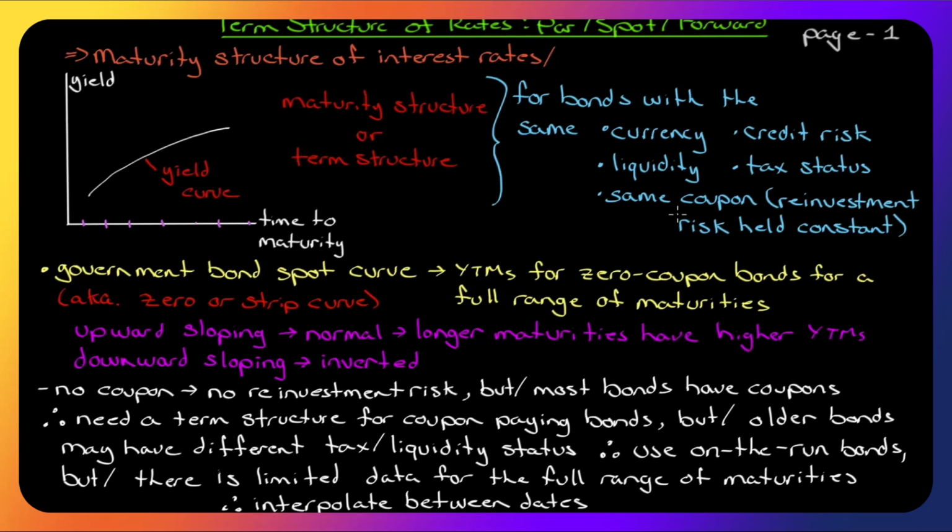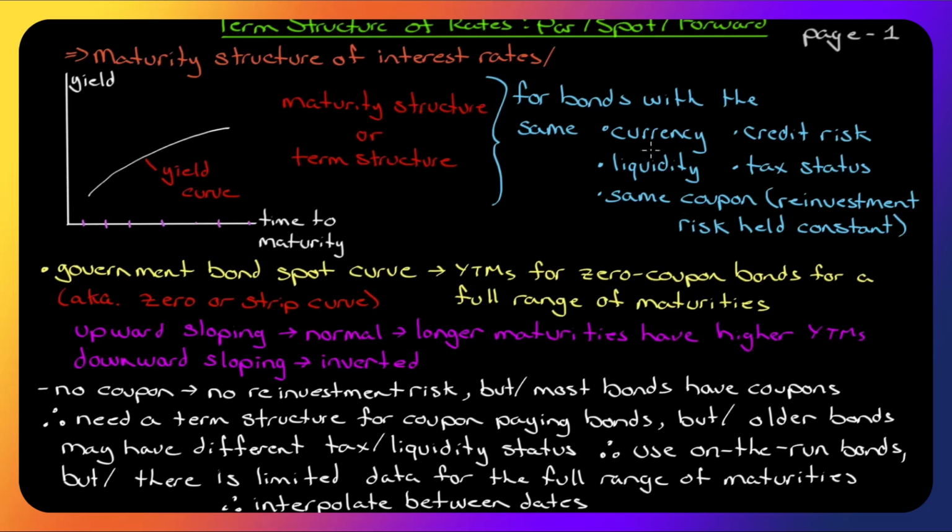And when we say the same coupon, we don't mean they should all be 4% or they should all be 6%. We mean they should all be either annual bonds or semi-annual bonds or quarterly bonds. We would never look at yields on semi-annual bonds for the 5-year and combine it with yields on quarterly bonds for the 10-year. That's the point of the yield curve, that they should be as homogeneous as possible.